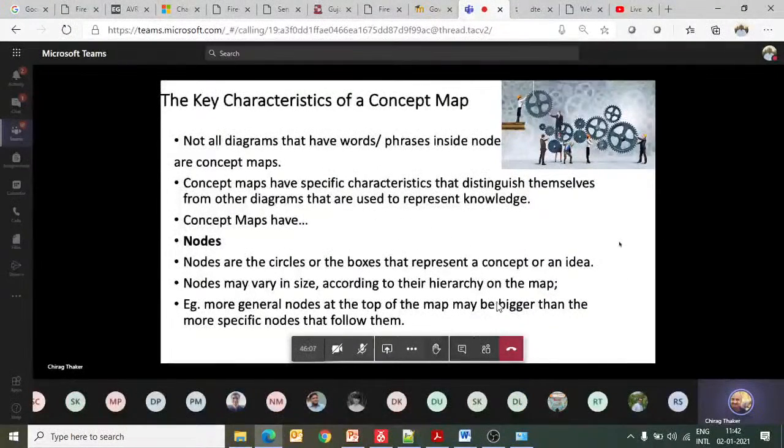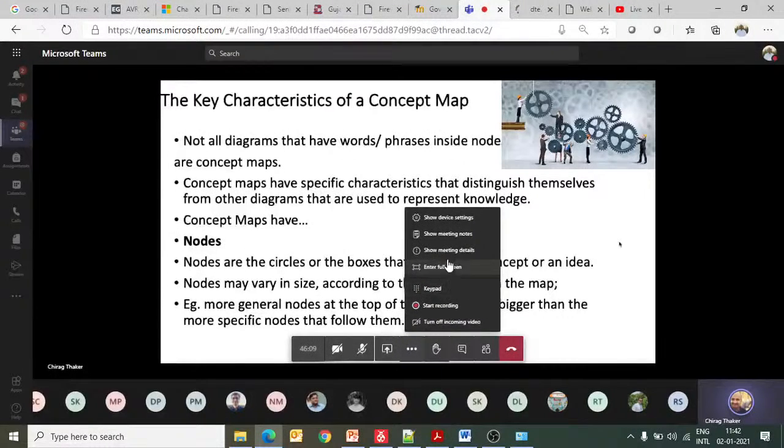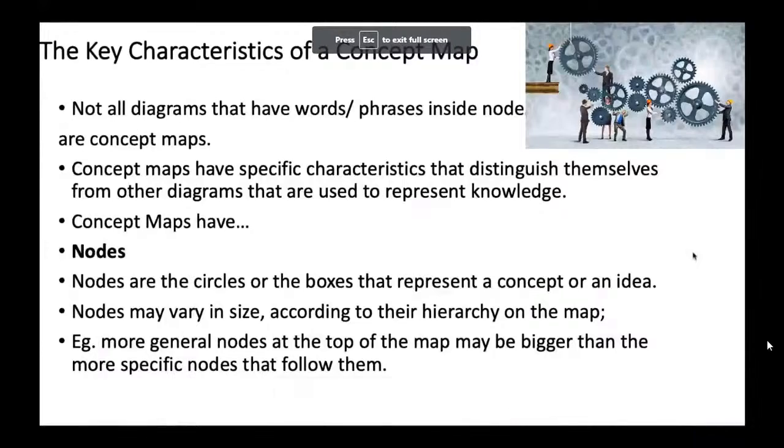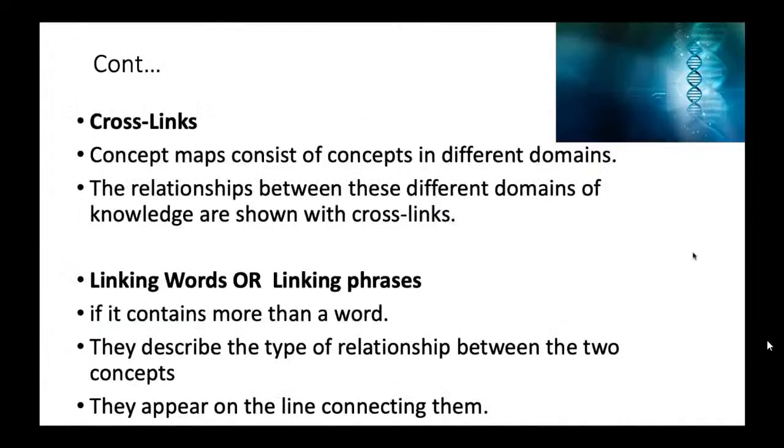So cross links are also there, as we saw, those horizontal links. The relationships between these different domains of knowledge are also shown with cross links. Sometimes there are two major concepts and there are cross links because these two different concepts are not distant knowledge islands. Suppose you are teaching one subject where you are taking Zener diode and another kind of diode. Zener diode is different, another diode is different, but there are cross links also.